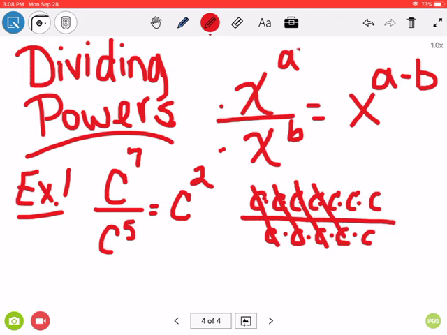So these would cancel all this out. And look how many I have left. I have 2. 2 on top. So that means I have c to the 2nd power. Okay? So this is the whole reason, the reasoning behind why it works to subtract.